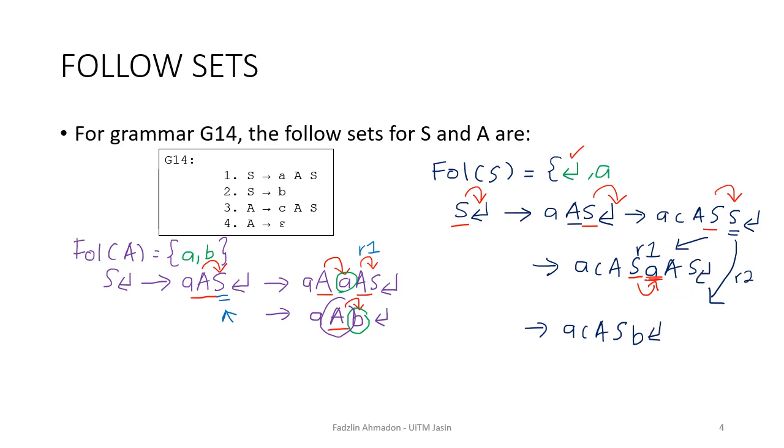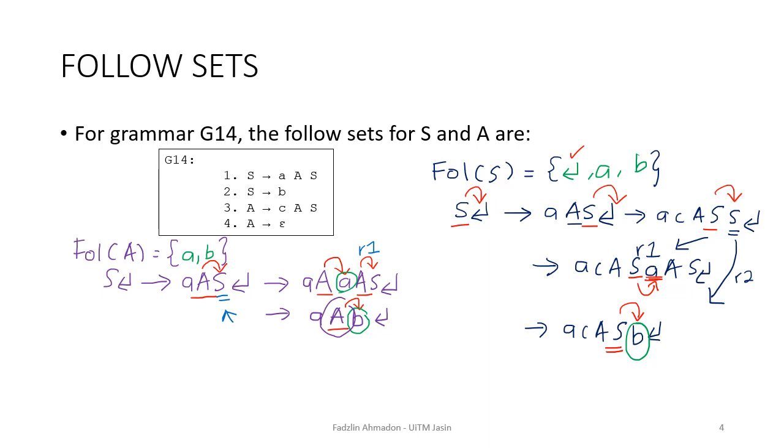In this particular derivation, this is our non-terminal S, and right next to S is a terminal B, which means B also belongs in the follow set of S. And that is the end of all possible terminals that can appear right next to non-terminal S.